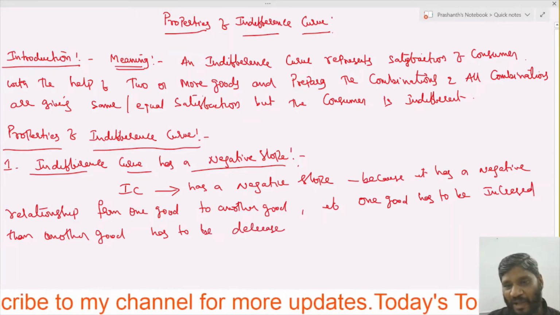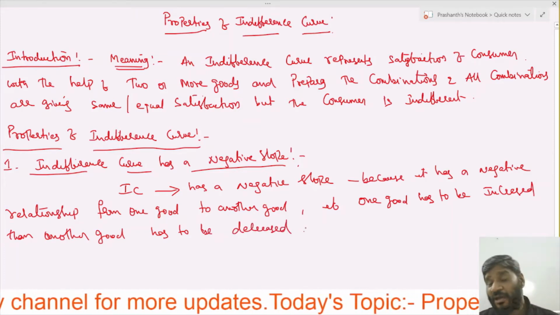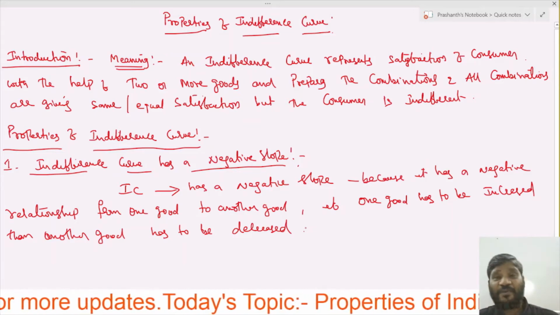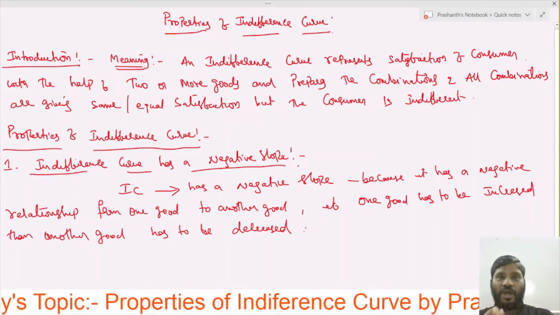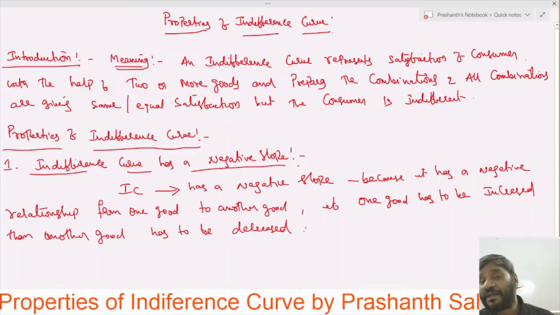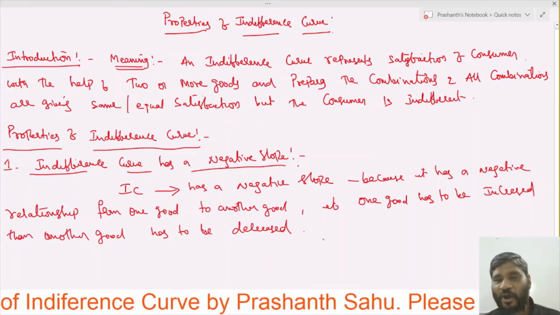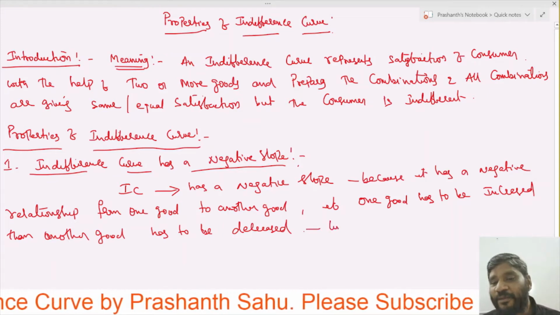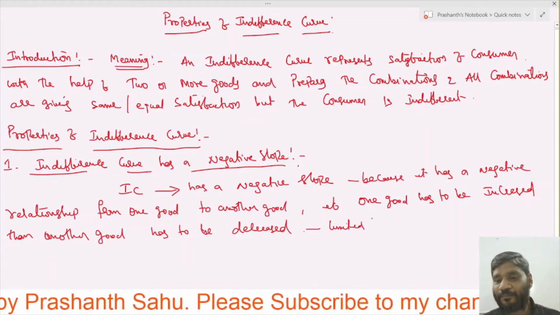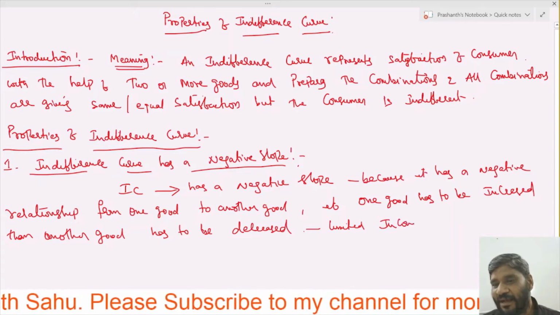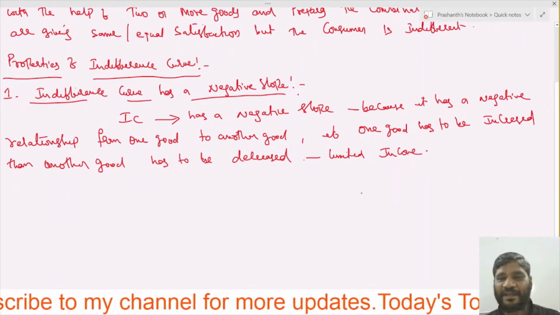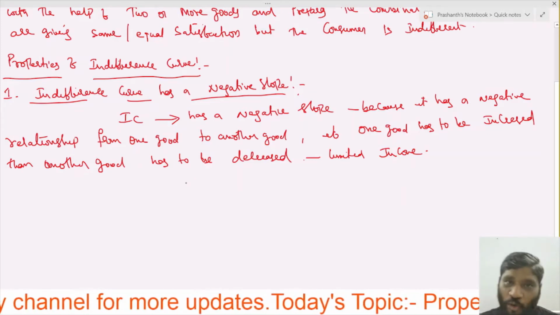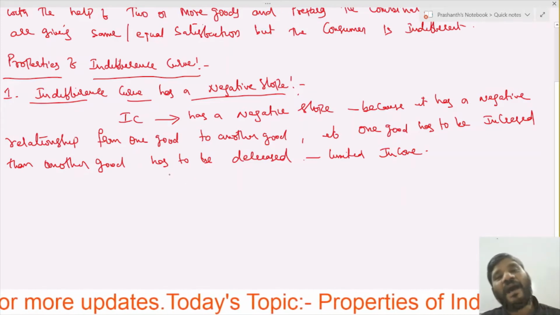Remember, in the previous I have given this information, that if a consumer wants to increase one good, another good he has to decrease. Why? Because he has limited income. Because of limited income, he has to decrease one good so that he can increase the other good.